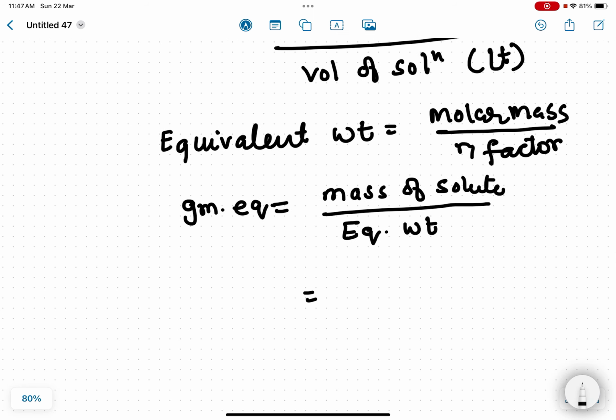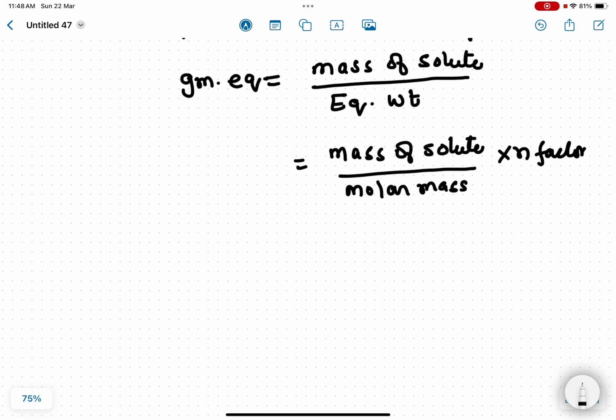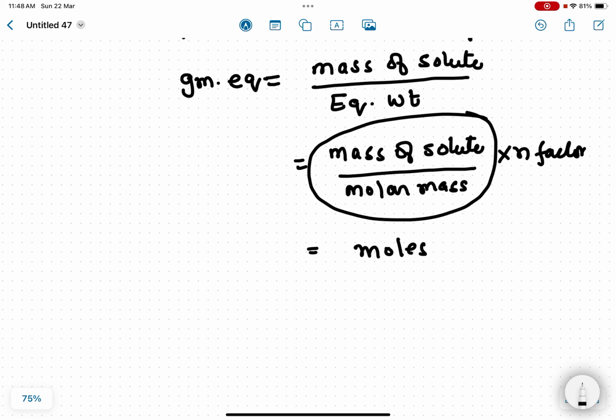So the mass of solute over molar mass, with N factor going up, is nothing but the number of moles times N factor.